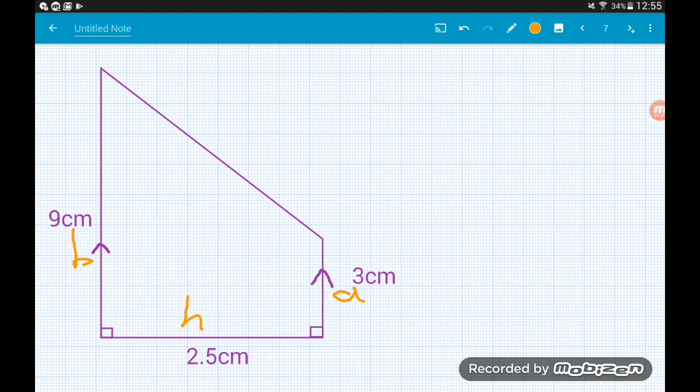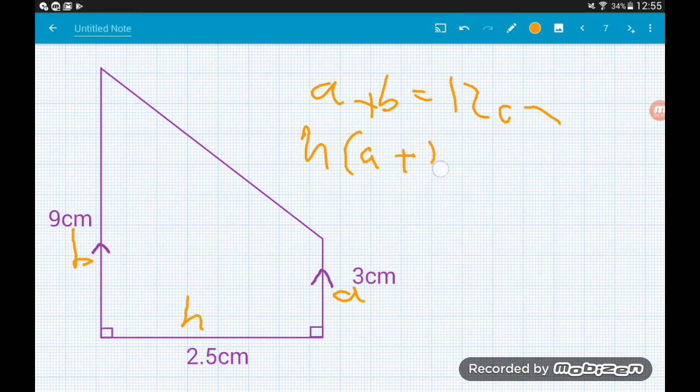Okay, so let's do it step by step again. So A plus B is equal to, well, 9 plus 3 is 12 centimetres. So then the height, lots of A plus B, is 2.5 times 12, which will give us 30 centimetres squared.